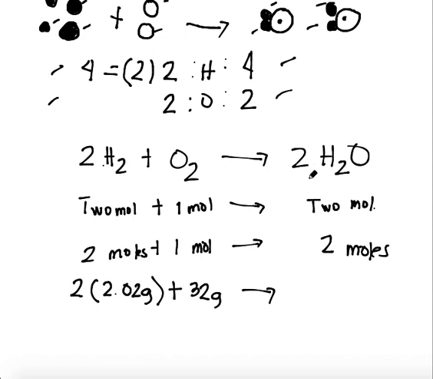It will yield 2H2O, or 2 molecules of hydrogen at 2.02 each, so it will become 4, that is 2 multiplied by 2.02 plus 32 grams as well.